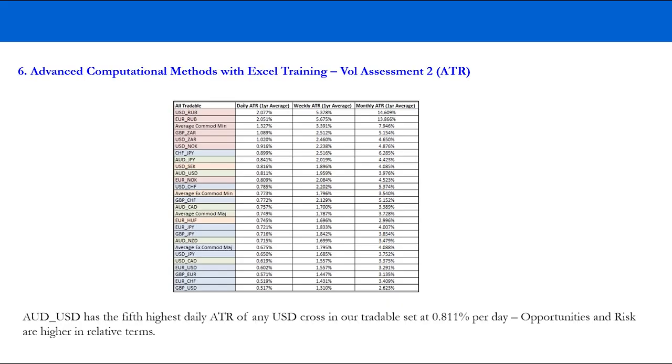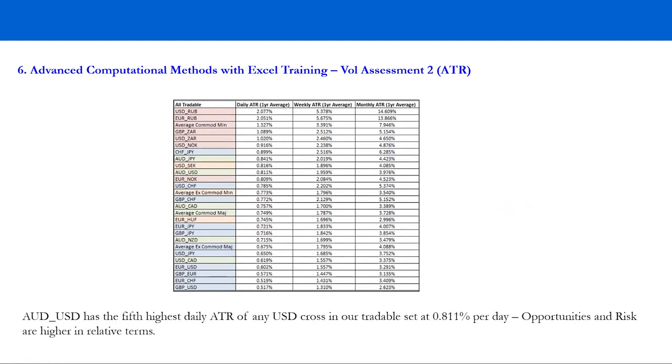Now, what you also notice on the volatility scale in terms of dollar crosses is the propensity towards volatility in commodity currencies. So we have the ruble, the South African rand, the Norwegian krona, and the Aussie dollar. 4 out of the top 5 are what we would term classic commodity currencies because their exports are highly concentrated or highly dependent on basically 1 or 2 commodity prices.